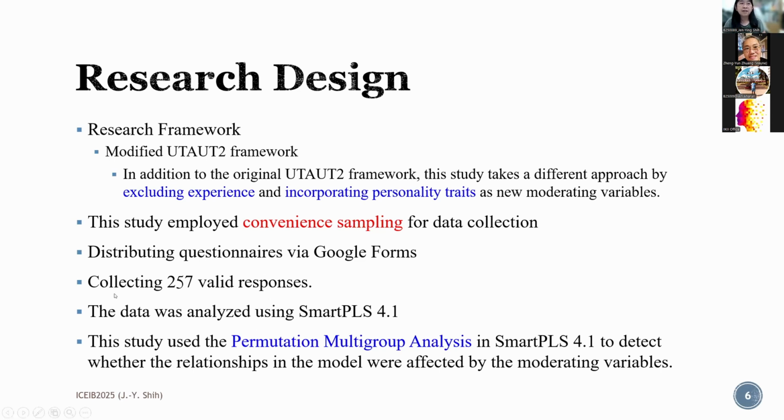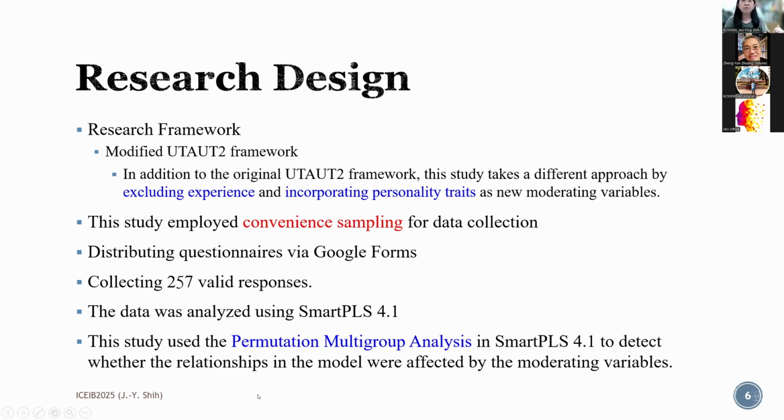Then finally, we collected 257 valid responses. Based on this data, we use Smart PLS 4.1. It's a kind of partial least squares structural equation modeling software to analyze this data.